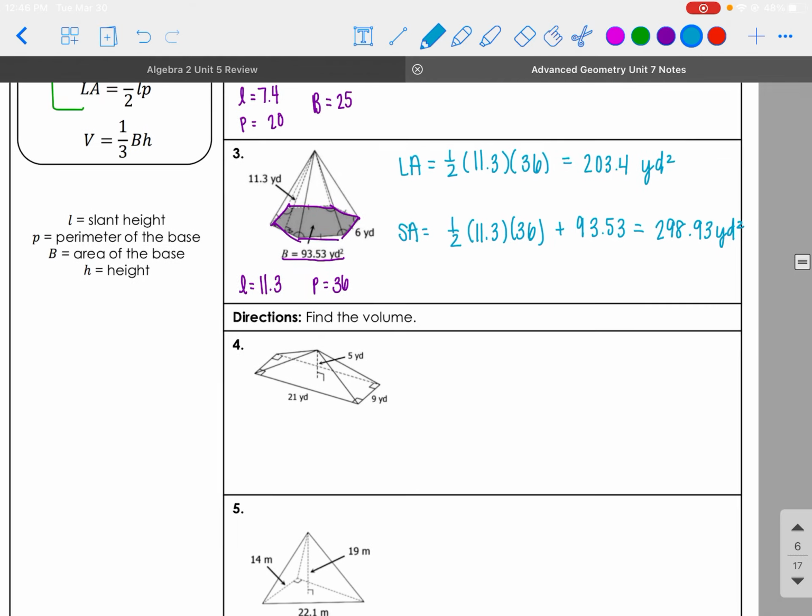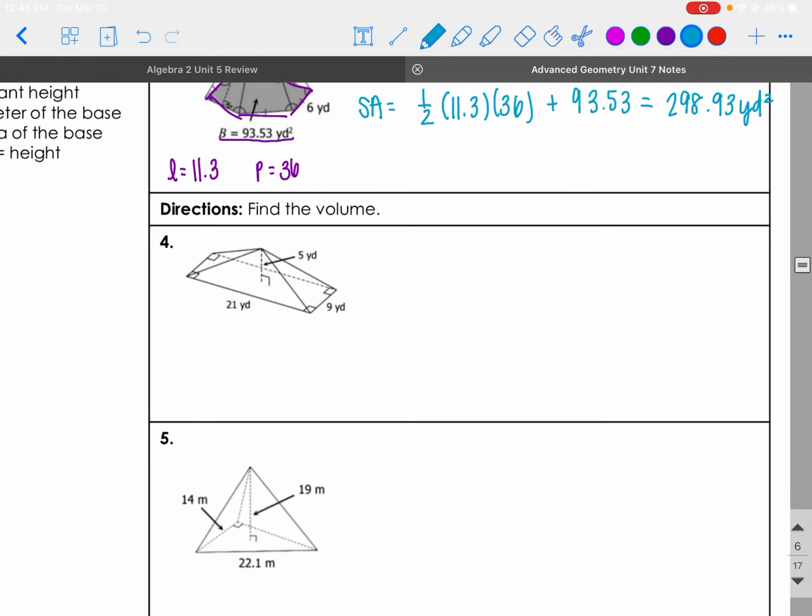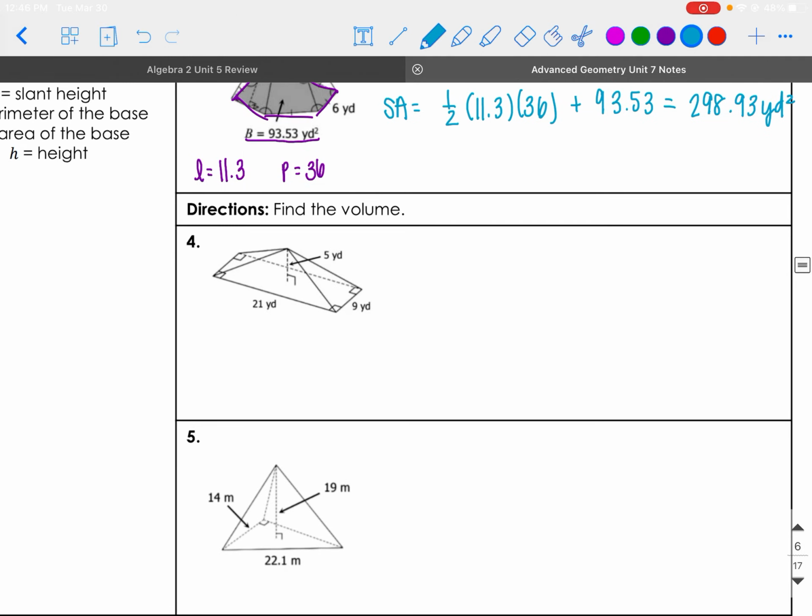All right. Number 4, volume. We need the area of the base. So that would be 21 times 9, which is 189.